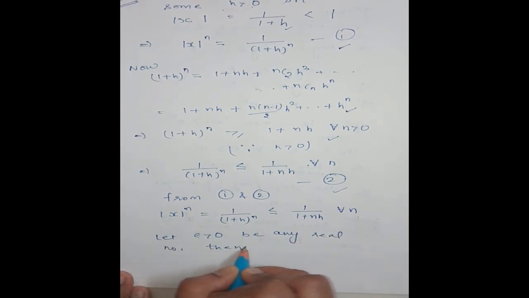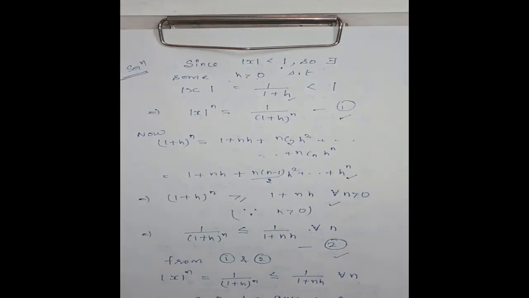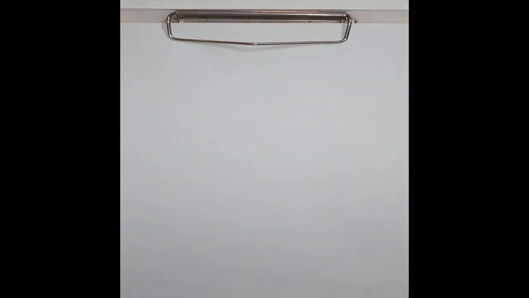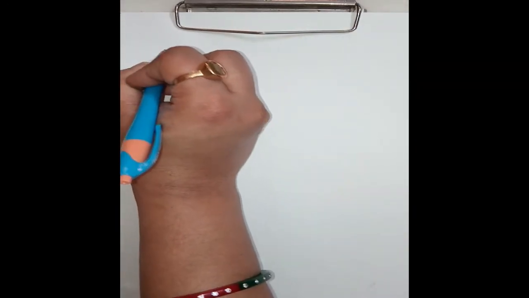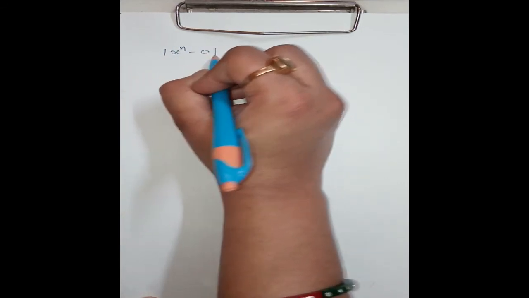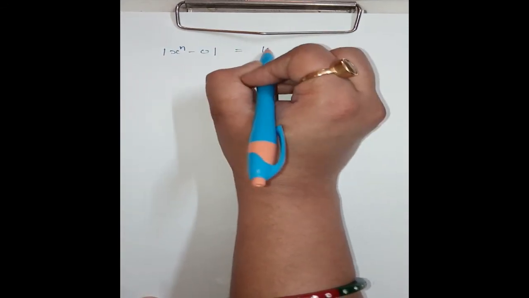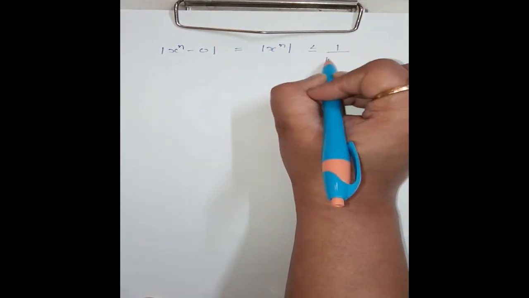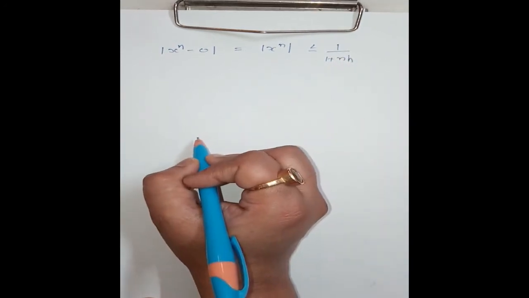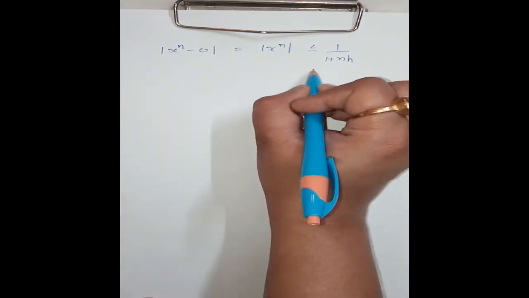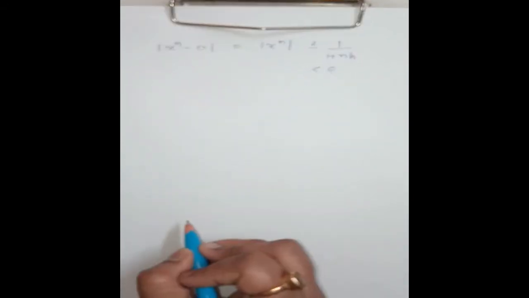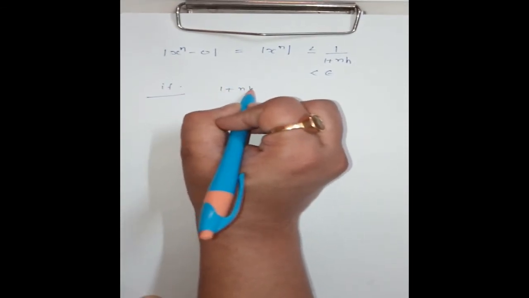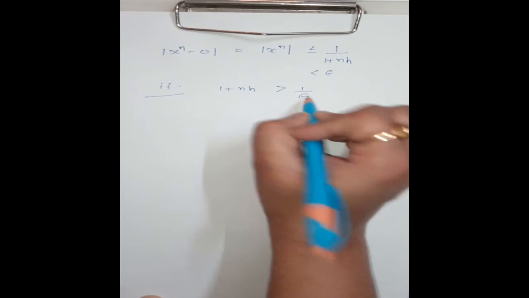Then we have mod x^n minus 0, which is mod x^n, is less than or equal to 1 by 1 plus nh, which is less than epsilon if 1 plus nh is greater than 1 by epsilon.